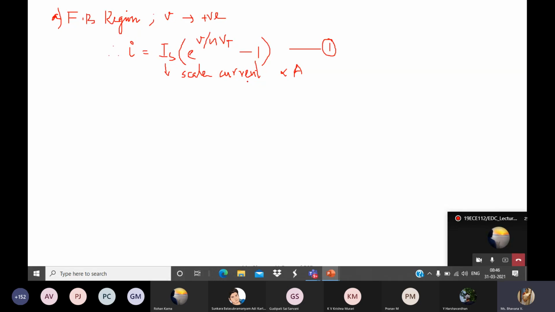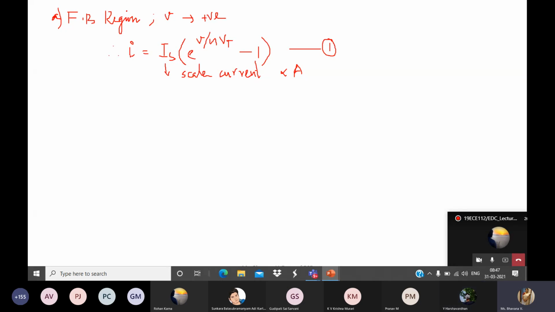If the area is doubled, what happens to Is? It doubles. What is the relationship between diode current I and Is? Directly proportional. So if Is doubles, the diode current doubles.